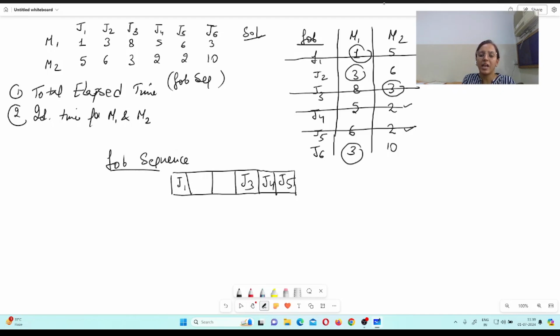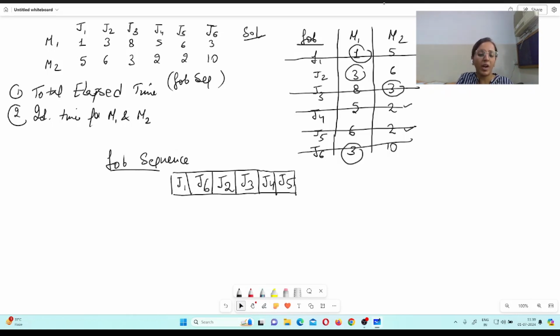The highest difference is 3 to 10, that is 7, and 3 to 6, that is 3. So first we take J6, the highest one, and it is in machine M1. So I write it from the starting side. Delete this one. The remaining one is J2, so we write it in the job sequence on the third position. So the first step is done: finding the job sequence.